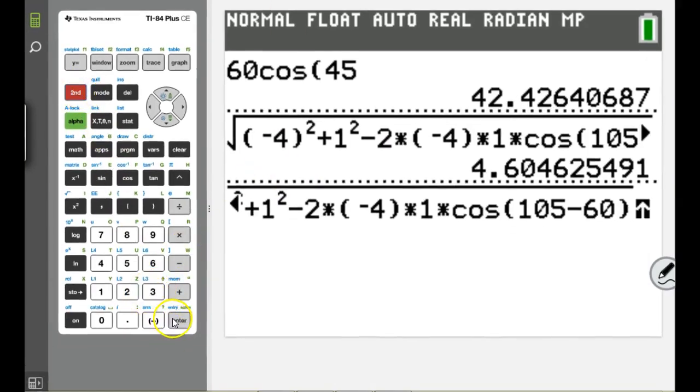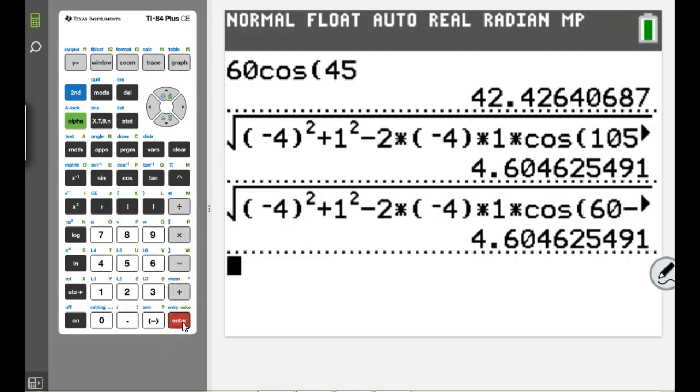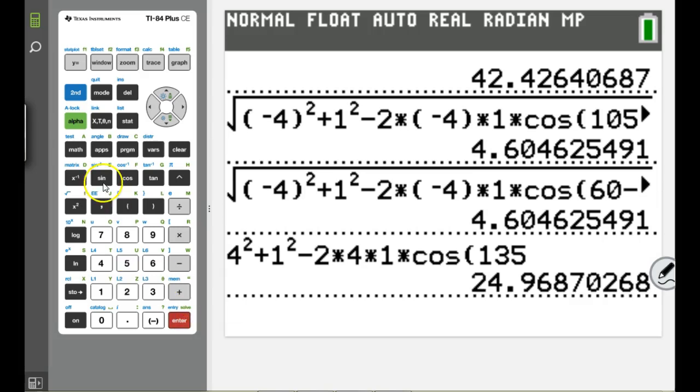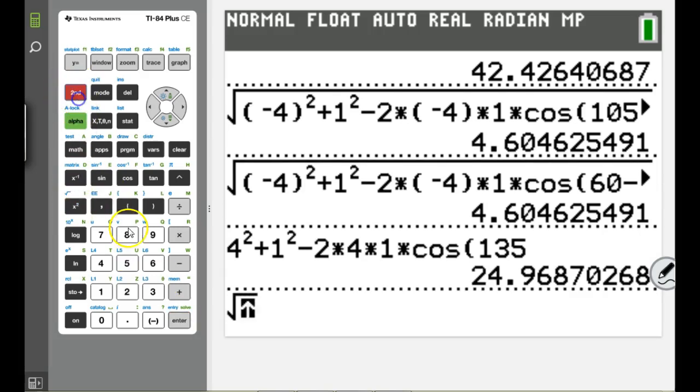If we redo this and we do 60 minus 105, did I mess that up? I still get 4.6. Did I type it wrong the first time? Okay, so 4 squared plus 1 squared minus 2 times 4 times 1 times the cosine of 135 was the angle we found, right? And the square root, I think I did type it wrong the first time, didn't I?